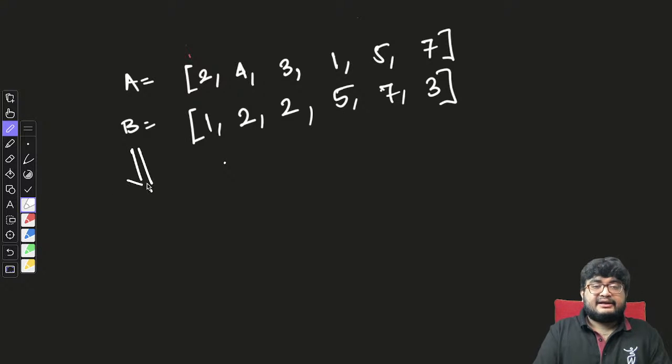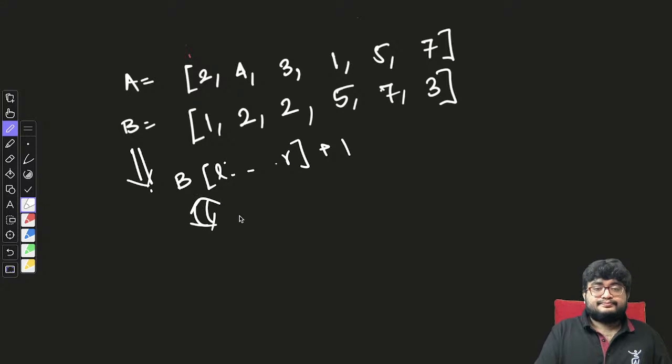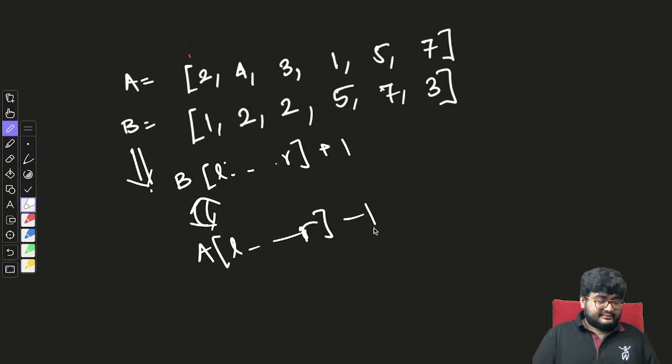The current move that we have is to choose a range from B, L to R, and increment them by +1. Can we say this is equivalent to choosing the range in A and decrementing them by 1, decrementing them by one step? Can we say these two things are the same thing?